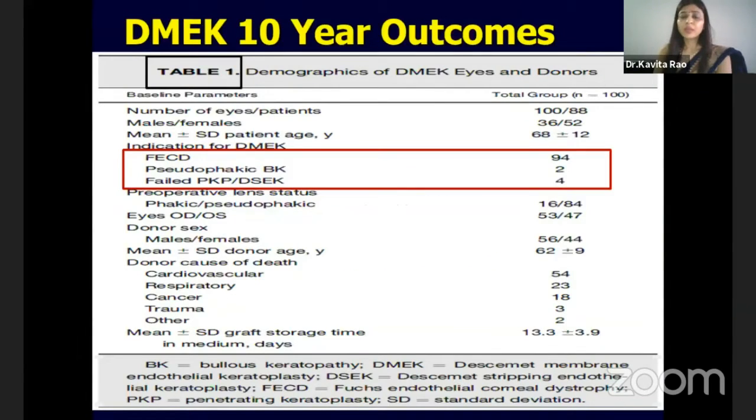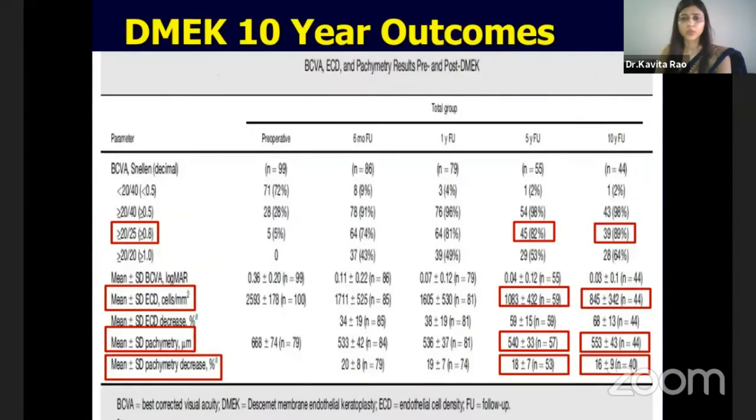Now it's very important to see in which kind of patients he had those great results. When we're looking at 89% having a better visual acuity than 20/25, you have to look at his case selection. In fact, most of them are Fuchs endothelial dystrophy and very few PBKs, which you can count on your fingers. So that probably may not be similar to an Indian scenario, but this is the point which I just wanted to point out.